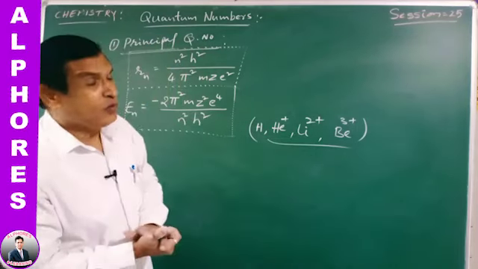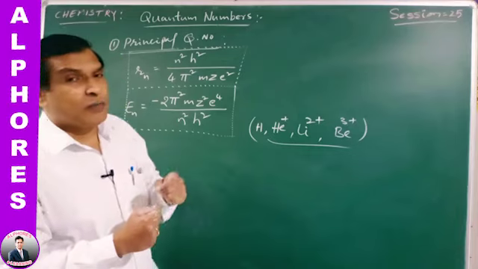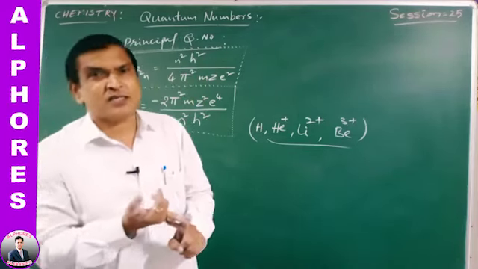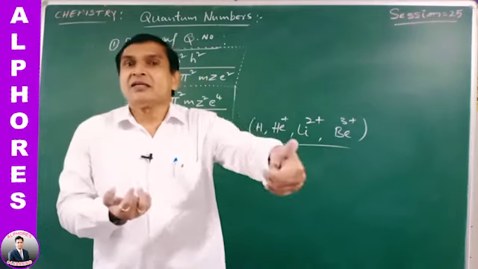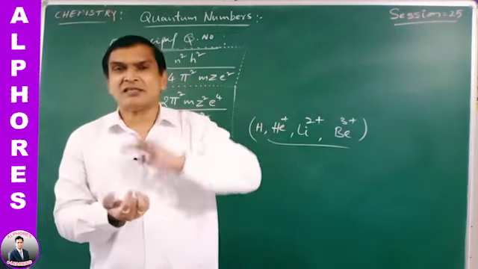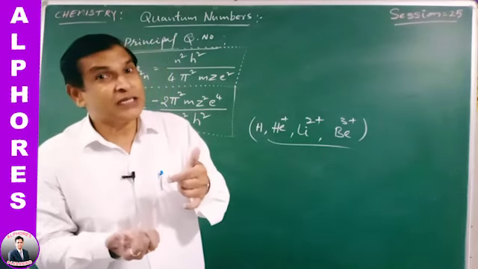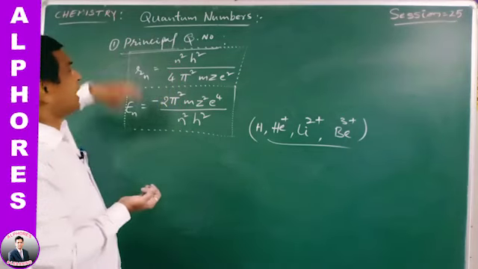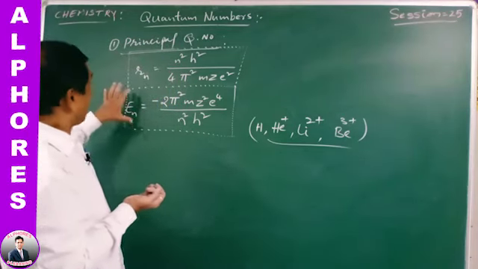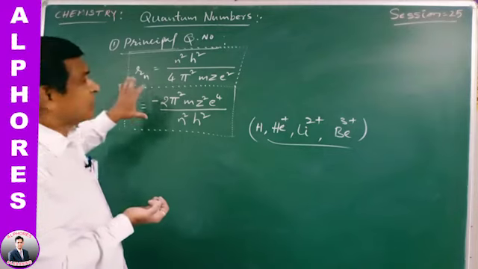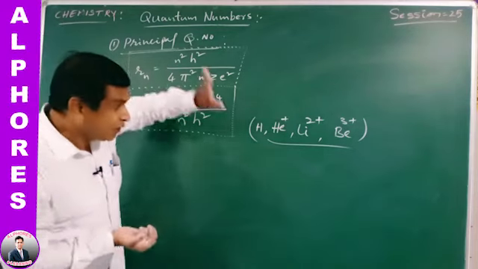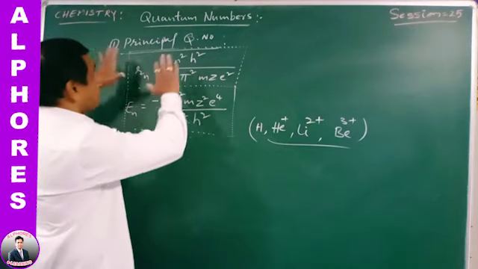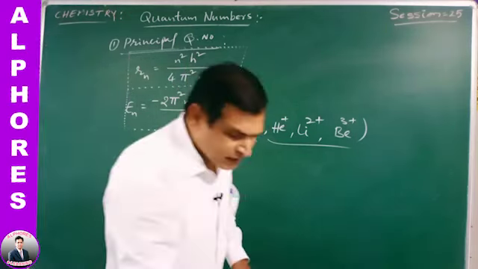Is it clear to all of you? Now, the Bohr equation to calculate the radius of the orbit and the Bohr equation to calculate the energy of the electron in the orbit of species containing one electron. So the principal quantum number is to some extent completed.